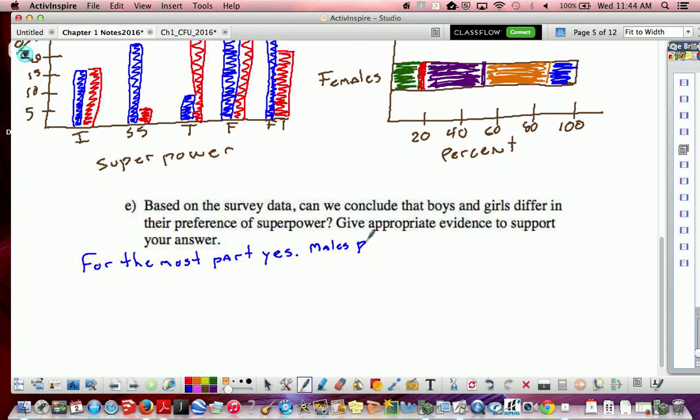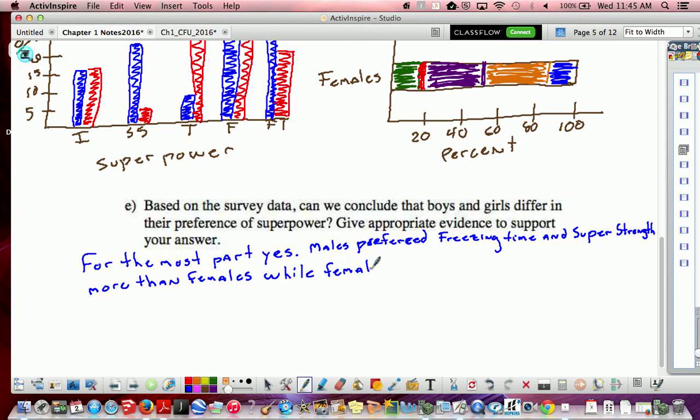Males preferred, P-R-E-F-E-R-R-E-D, preferred freezing time and super strength more than females, while females preferred telepathy and flying more than males.